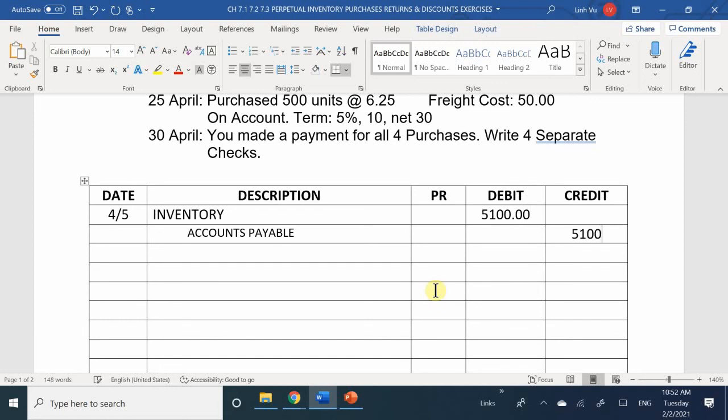So at the end of the day, your inventory should equal that. Okay. So again, I'm also going to make a note here that I purchased 1,000 units at $5 each. Okay, like that. All right.